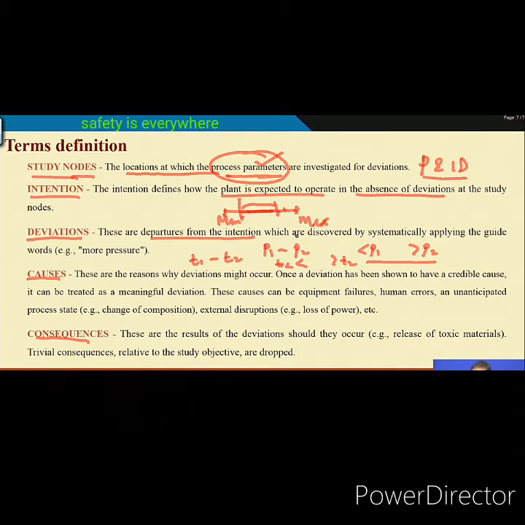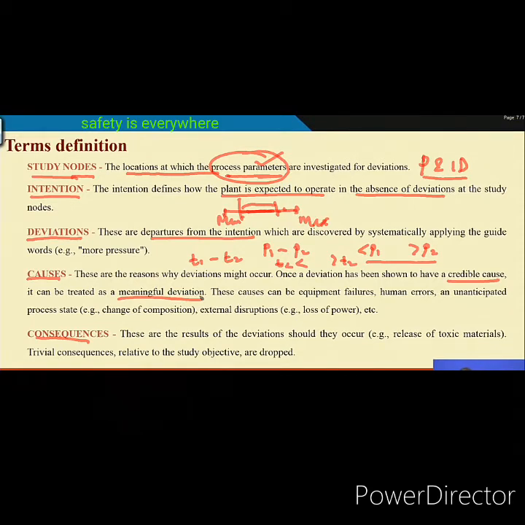Okay. So, once a deviation has been shown to have a credible cause, it can be treated as a meaningful deviation. There can be many trivial deviations and many significant deviations.